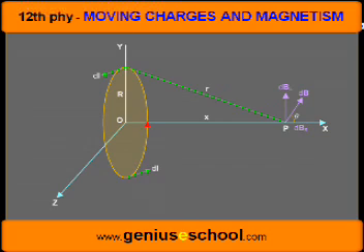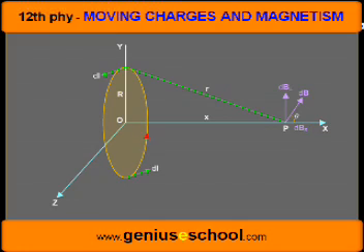Now r² = x² + r². The dl is in the y-z plane, whereas the displacement vector r from dl to the axial point P is in the x-y plane. Thus, dB = μ0/4π · I dl / (x² + r²), equation 2.